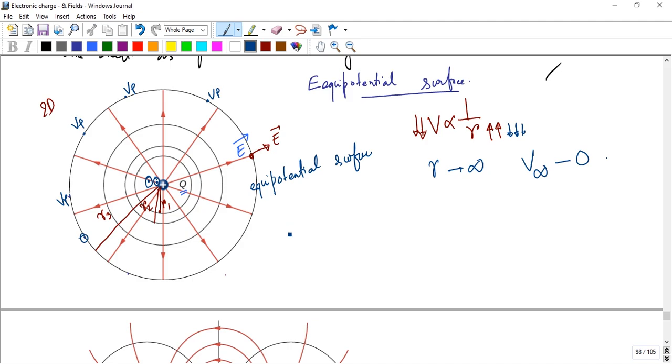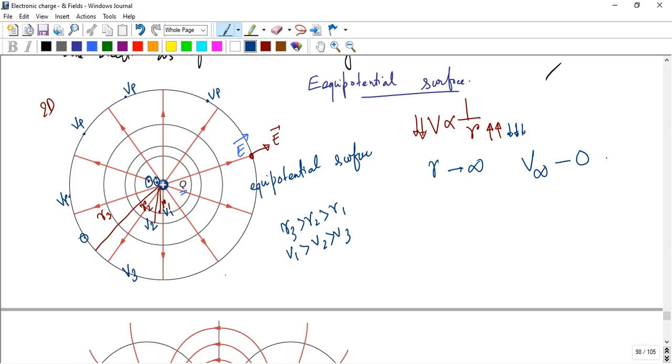So here you see r3 is greater than r2, greater than r1, and the potentials are v3, v2, and v1. If r is more, potential is less, and if r is less, potential is more, so v1 is greater than v2, greater than v3. Clear the concept? What is the equipotential surface?